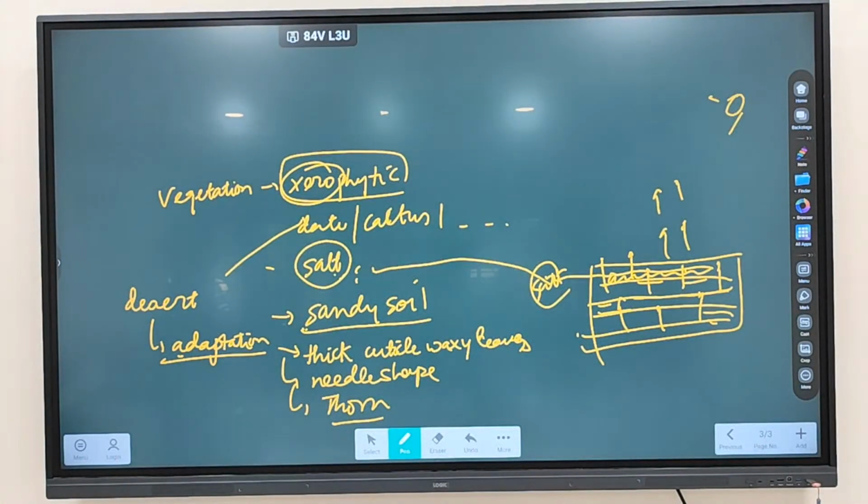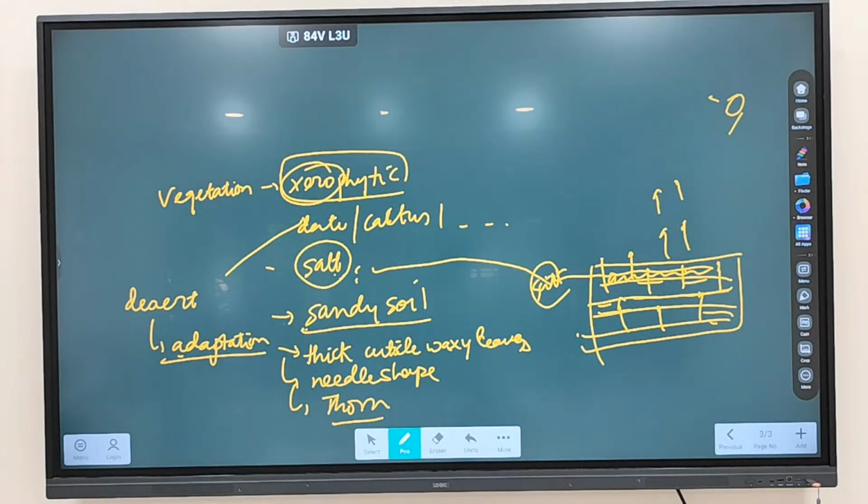This is the adaptation mechanism. Fine. Any doubt regarding this?